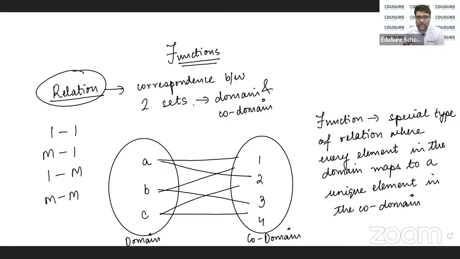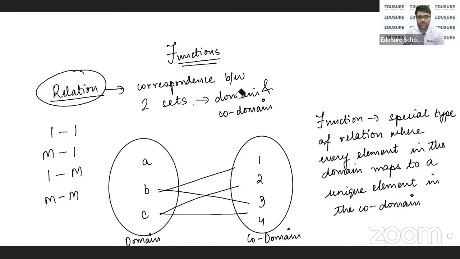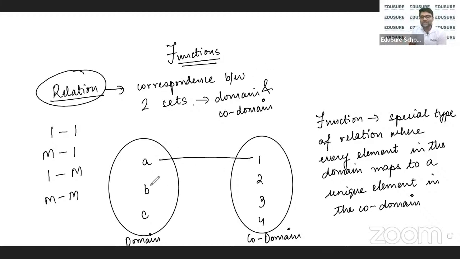So if, for example, A is going to the value 1, it cannot simultaneously go to any other value. A will go to a unique value in the codomain, not multiple values. So a function is a special type of mapping where every element in the domain maps to a unique element in the codomain.